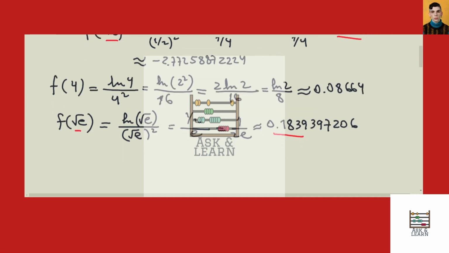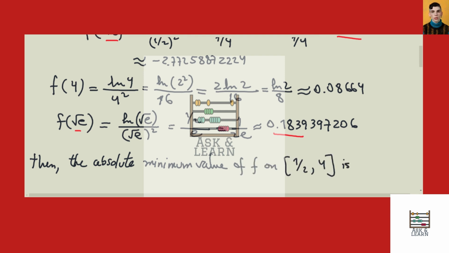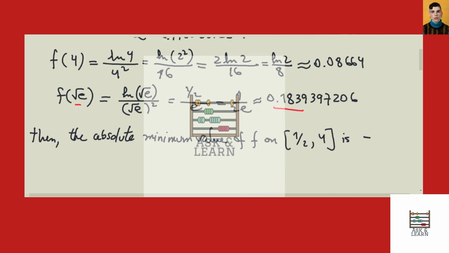So we can write the answer to the problem. We can say that the absolute minimum value of f on the interval 1/2 to 4 is, we said, negative 4 natural logarithm of 2, which is about negative 2.7725887 2224.